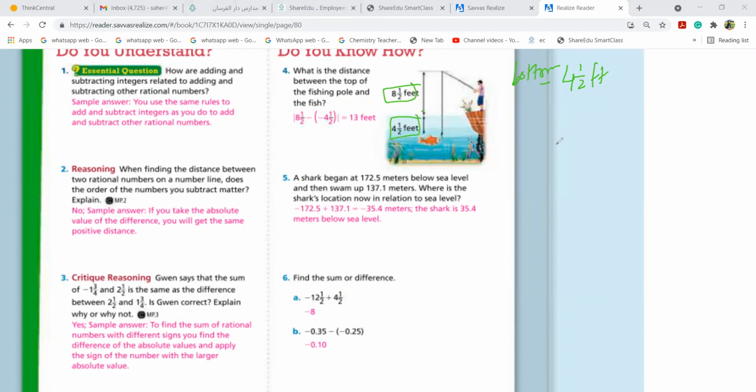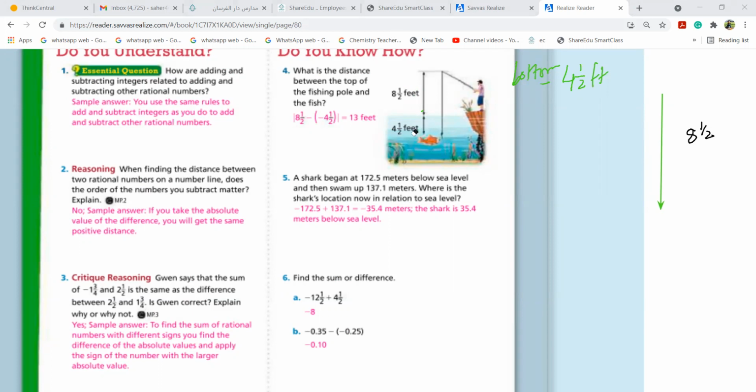What is the distance between the top of the fishing pole and the fish? Let us first make a line here. The total is 8.5. See, guys, carefully look at it. The total is 8.5, from up to down.